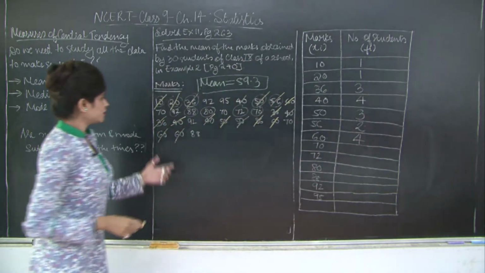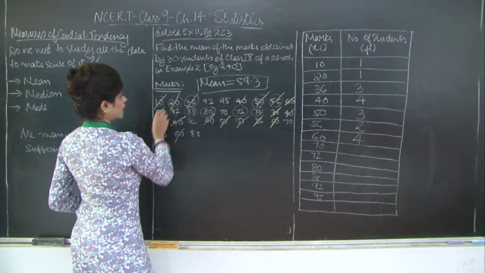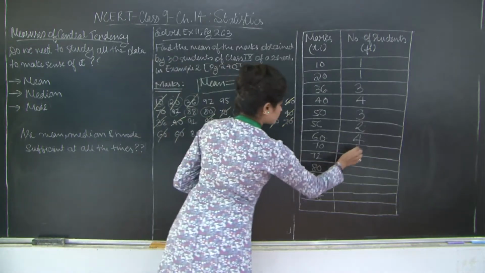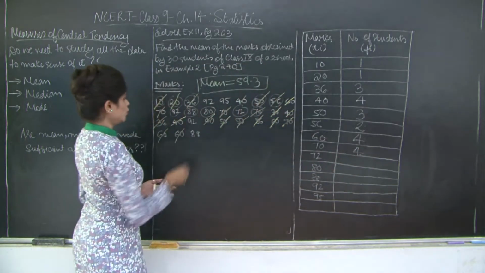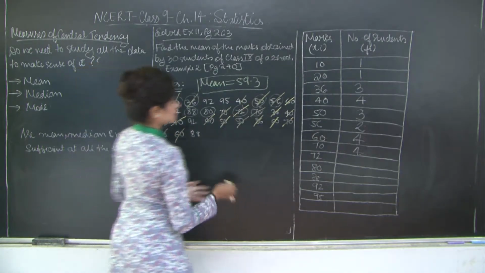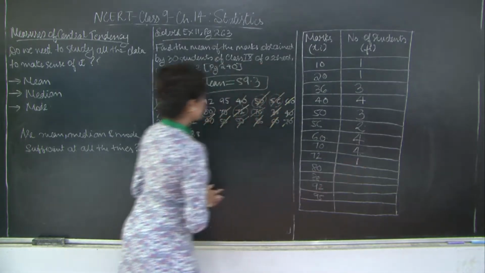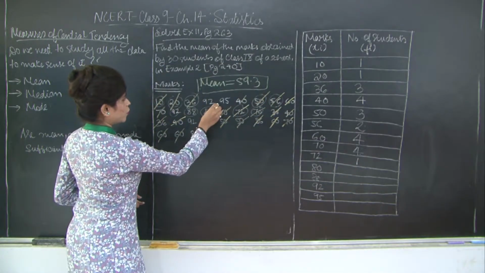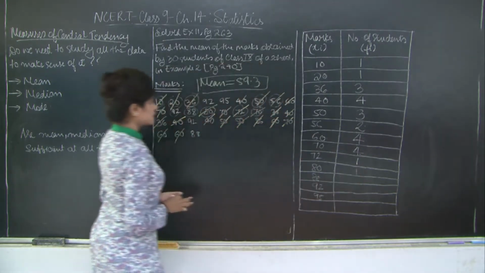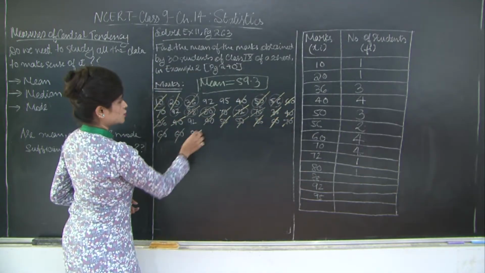Then 70. So 1, 2, 3, 4. Then 72, 1. I think that's it. And then 80, I have 1. That's it. Then 88, 1, 2.